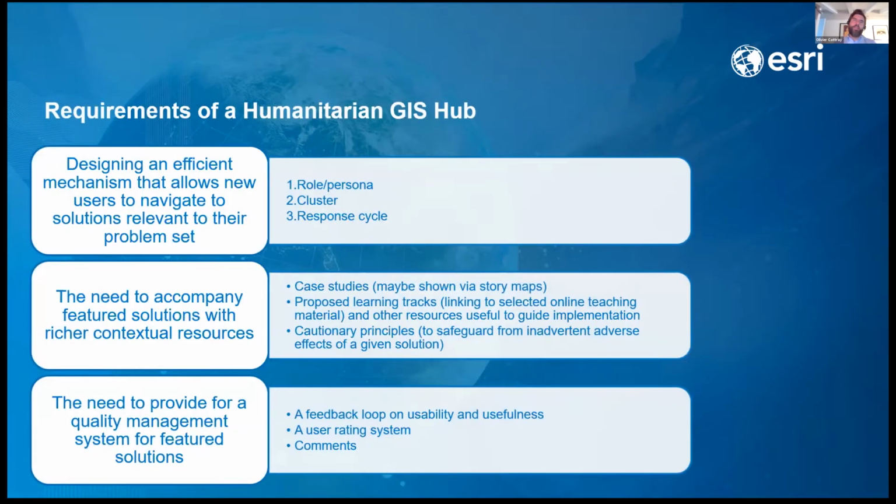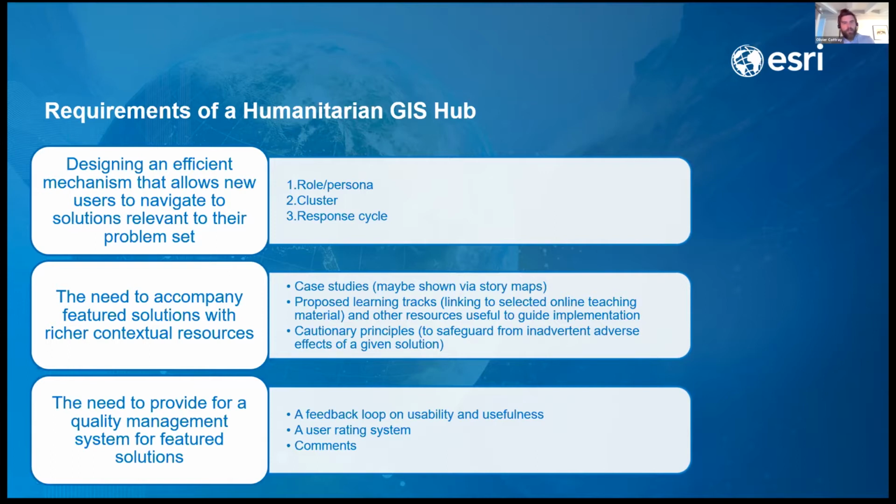Besides the actual themes that were discussed, there was also already a sense of functional requirements that came out of that. So, for example, the need to design a mechanism that would allow users to navigate to those solutions via various lenses.